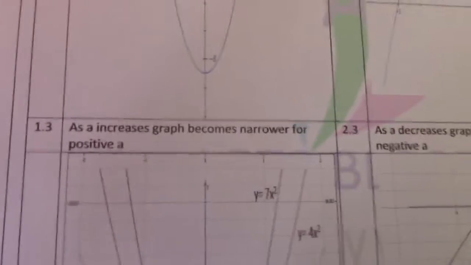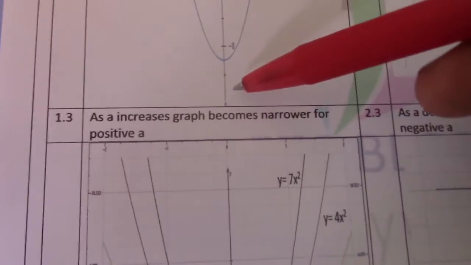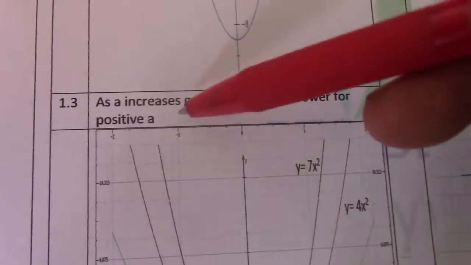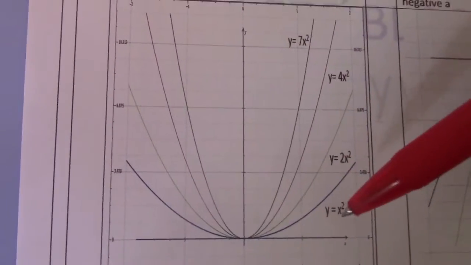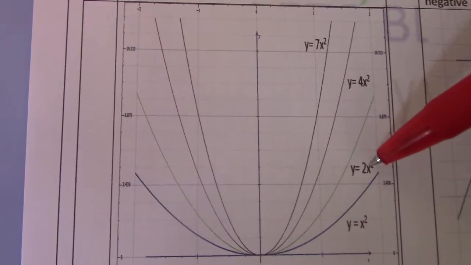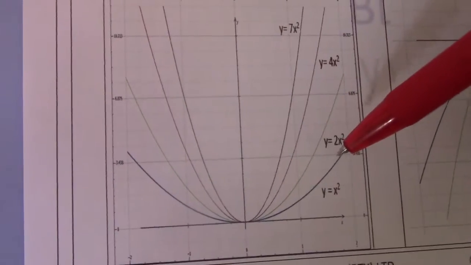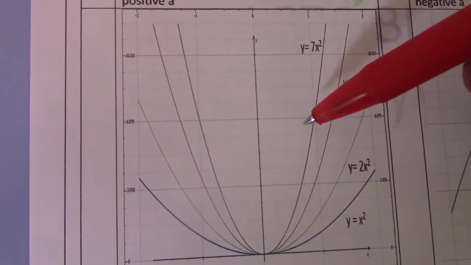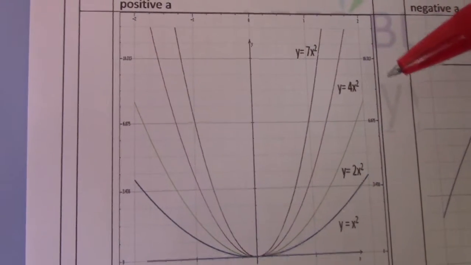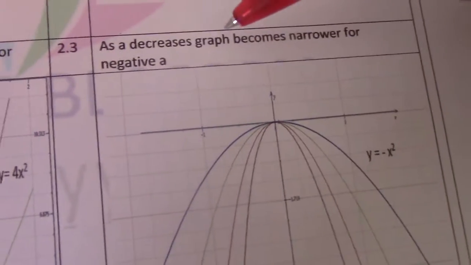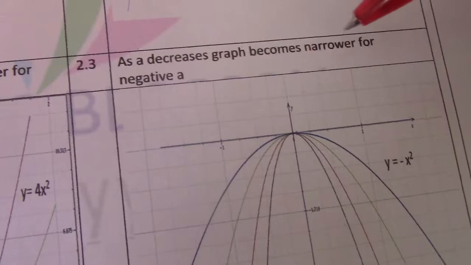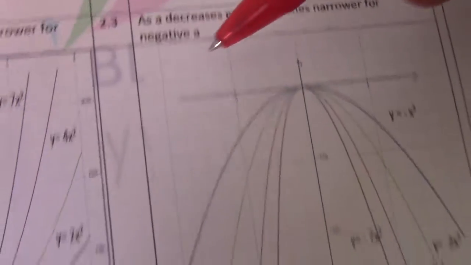Now if we go further, as my a value increases, my graph becomes narrower for positive a. So what am I saying? We have y equals x squared. If I increase that to 2x squared, 4x squared, 7x squared, you see the graph continues becoming narrower and narrower, and it's moving closer towards the y-axis. On the other side, as a decreases, the graph becomes narrower for negative a.